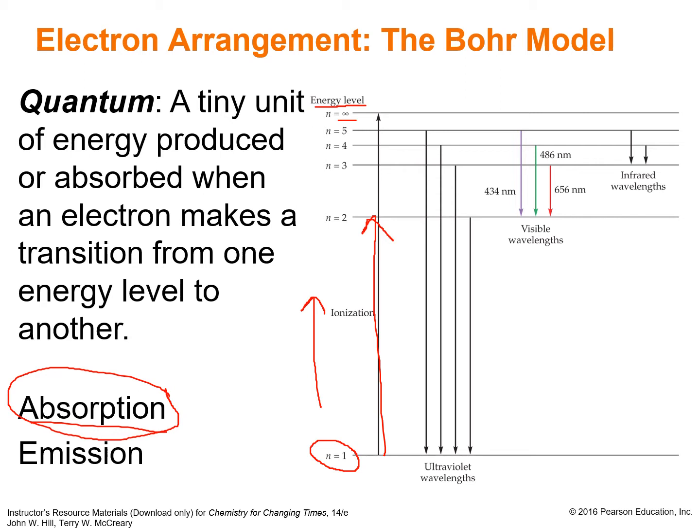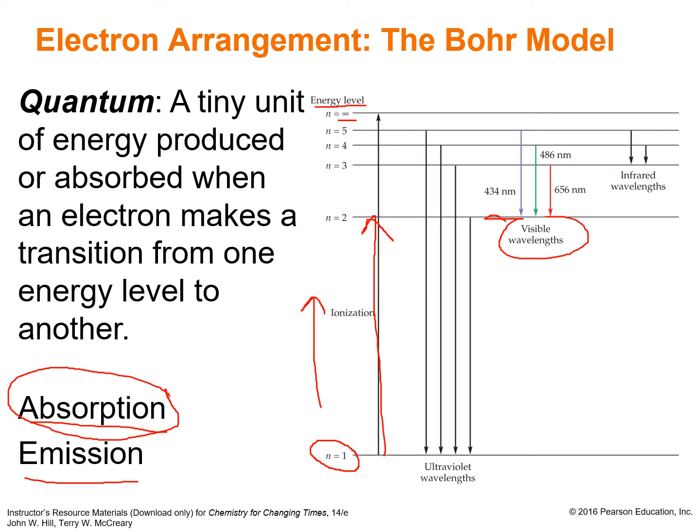And you see how some of these arrows are pointing downwards. That means they are emitting that energy when the electron is going from a higher energy level to a lower energy level. For example, let's look here in the visible wavelength.